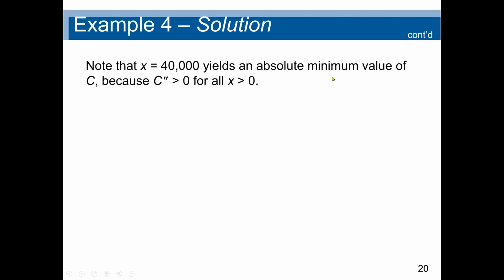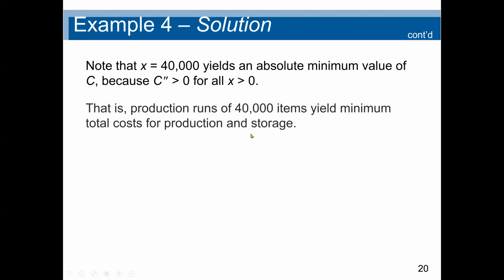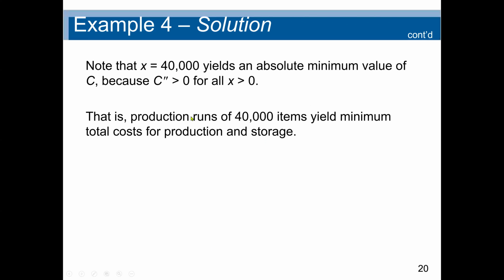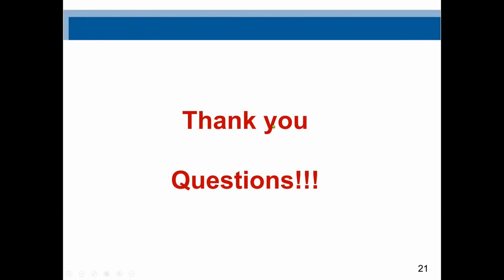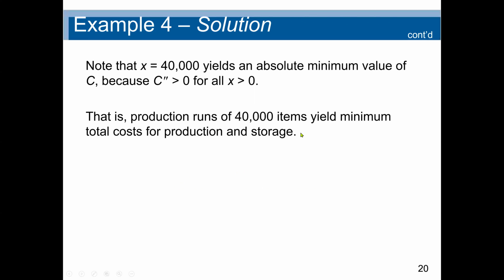So that means we have an absolute minimum, which means concave up. Then we take X equal to 40,000 and store it in our main function, and that will give us the absolute minimum. So the production of 40,000 items will yield the minimum total cost for production and storage.